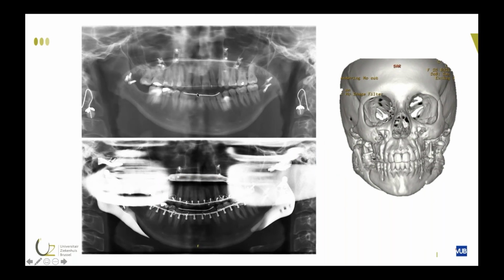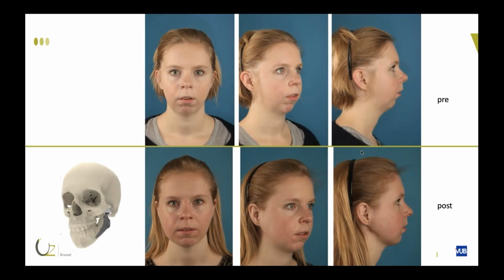Before, shortly after, and 3 years after surgical correction. The lady refused a chin advancement later on. And check here the limitation of the extra augmentation in the joint area.